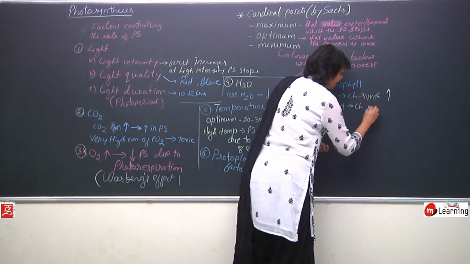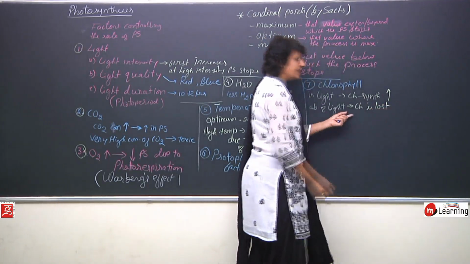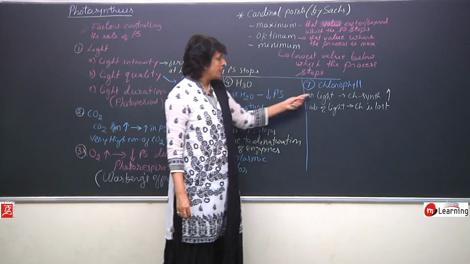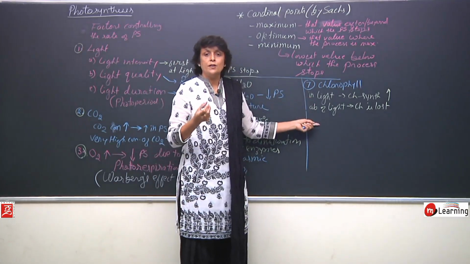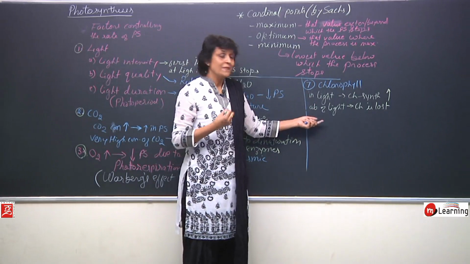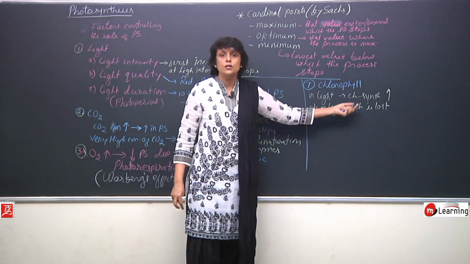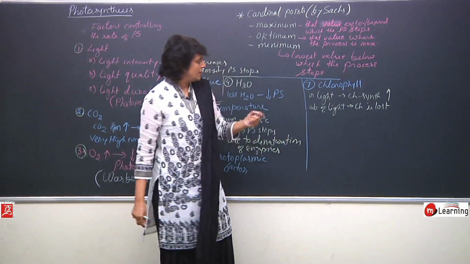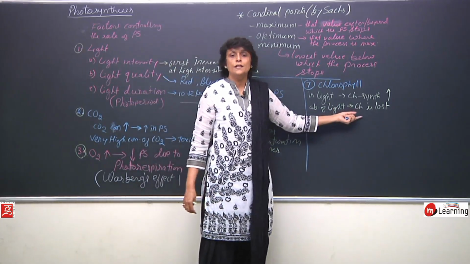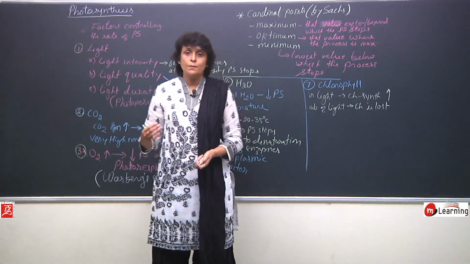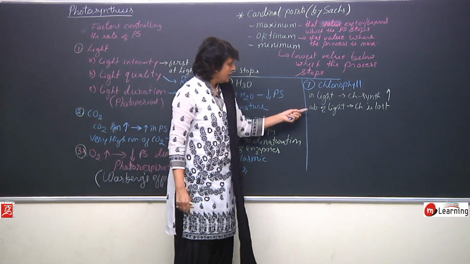So chlorophyll is lost, and this results in yellowing of leaves. So quantity of chlorophyll is dependent on light exposure. It is synthesized in light and it is lost when light is absent. So this yellowing of leaf takes place if you put the plant in dark for a little longer period of time.